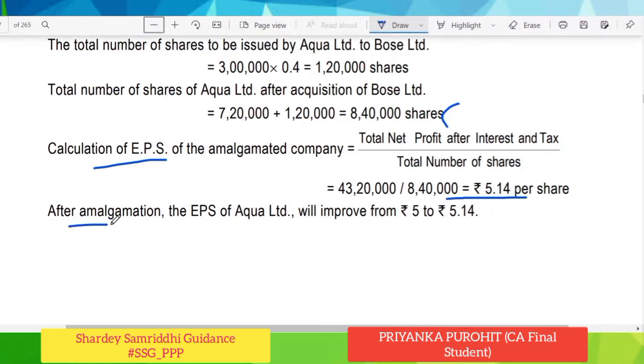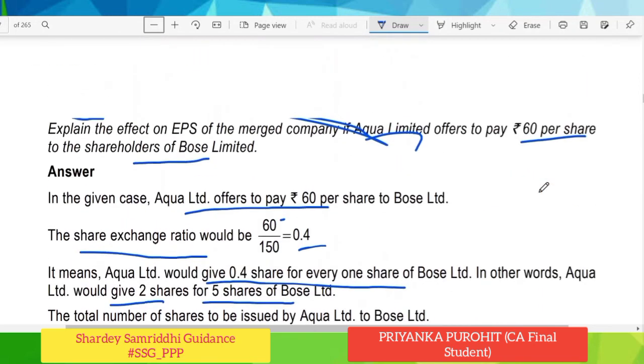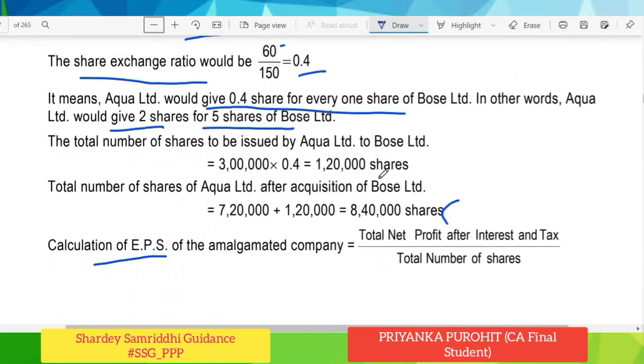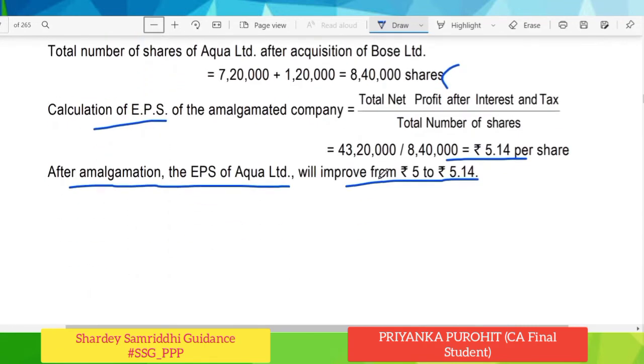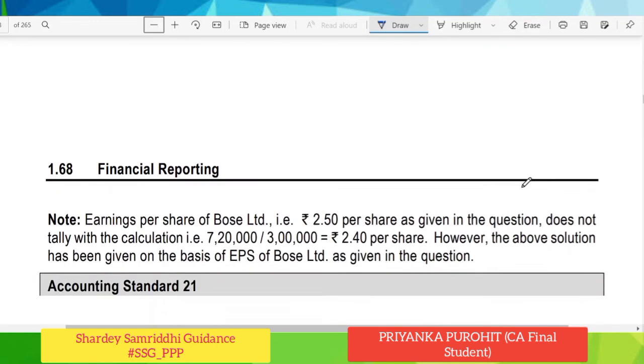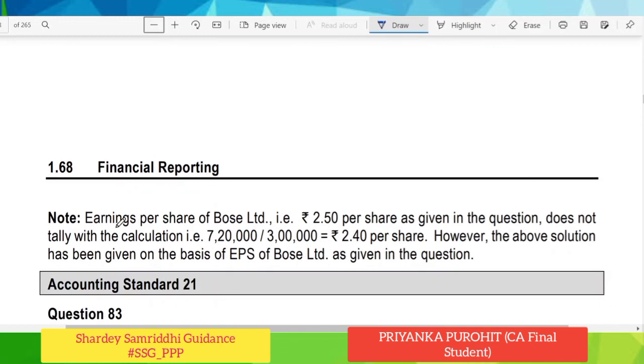So after amalgamation, the EPS of Aqua Limited will improve from 5 to 5.14. Earlier it was 5. So after acquisition, since it's beneficial, the EPS of Aqua Limited will increase to 5.14. So by this we have completed the entire accounting standard 20.